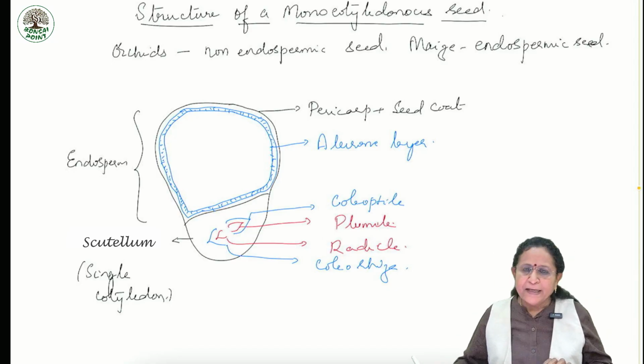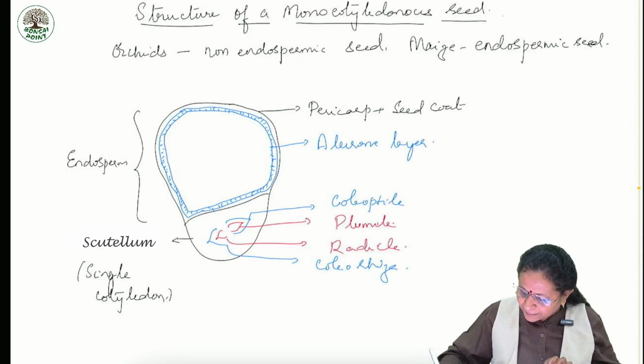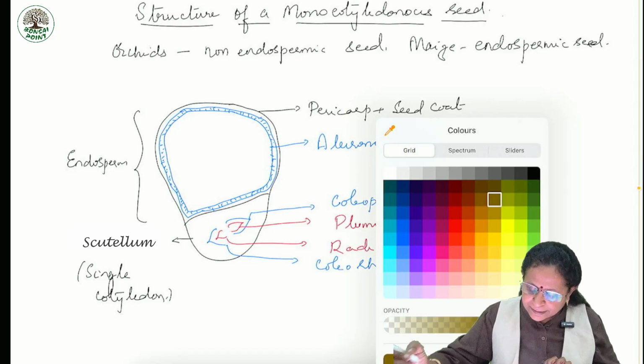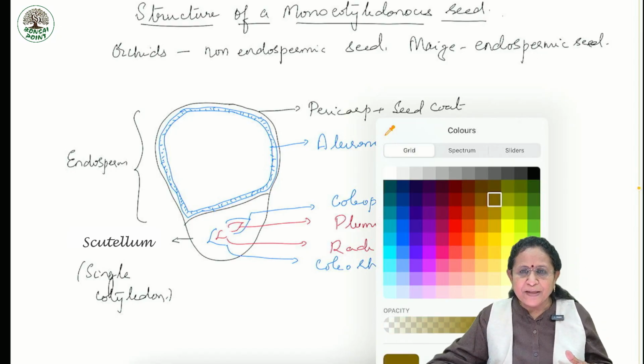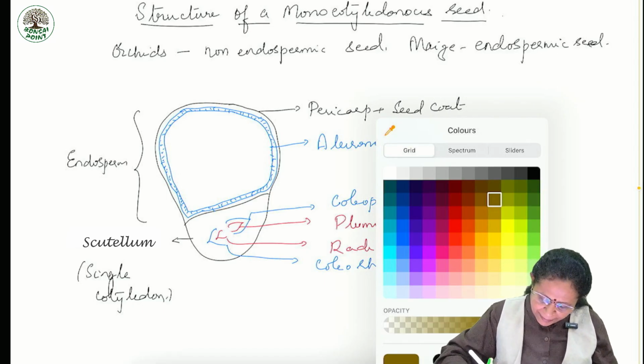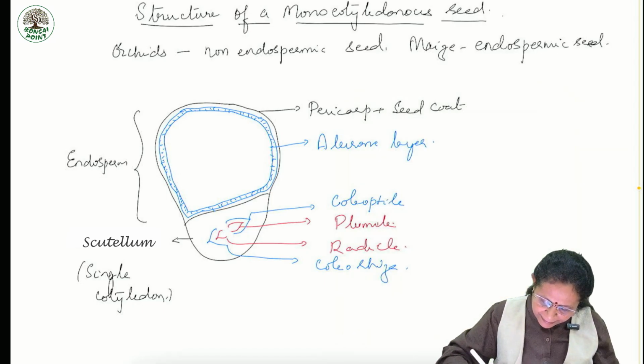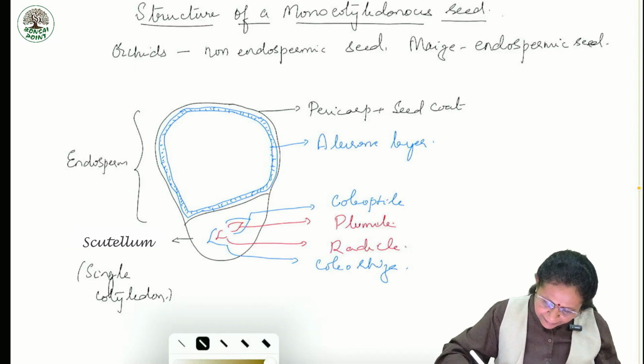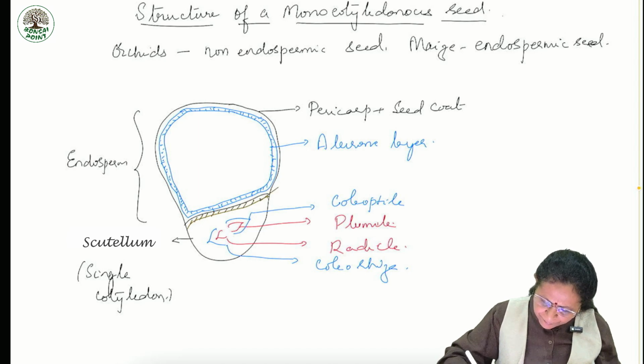The entire endosperm is separated from the scutellum by a layer which is called epithelium. This is the epithelium.